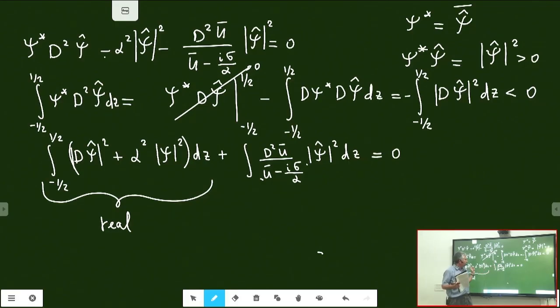So how can we add two numbers, one of which is complex, one of which is definitely real, and get a definite zero? We must have zero. Well, how? So real parts might balance each other and kill each other, right? Cancel each other. But because the imaginary part is only present in one of the expressions, that imaginary part must be equal to zero, right? So this integral must integrate in such a way that the imaginary part of the final expression vanishes.